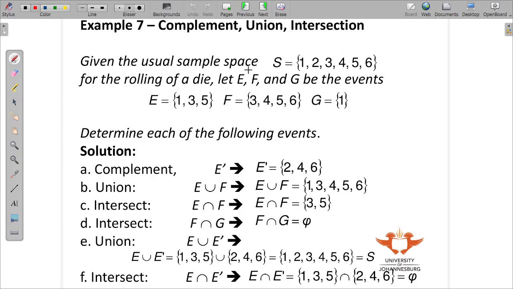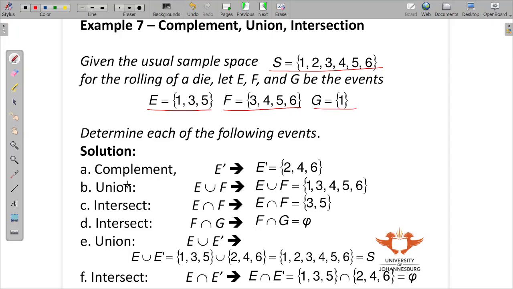Okay, so let's take this example. Given the usual sample space, S equals this, for the rolling of a die, let E, F, and G be the events. So we have E given as 1, 3, 5. We have F given as this, and G given as this.